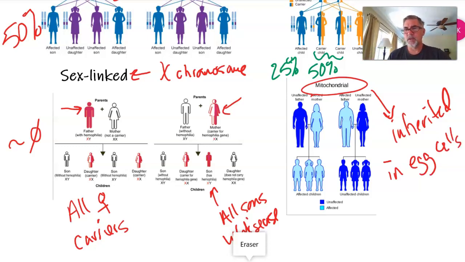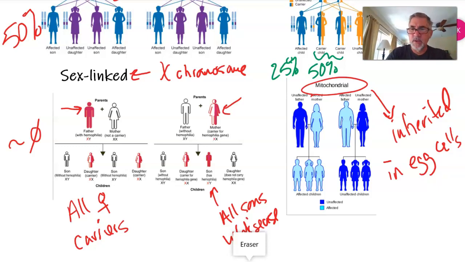So they're all inherited in egg cells. So what that means is if mother has a mitochondrial disease, then all of her children will, because all of her children got her eggs. If dad has a mitochondrial disease, none of the children will, right? Because the sperm carries no mitochondria. It has some in the tail, but the tail gets chopped off, and it doesn't become part of the new genome.